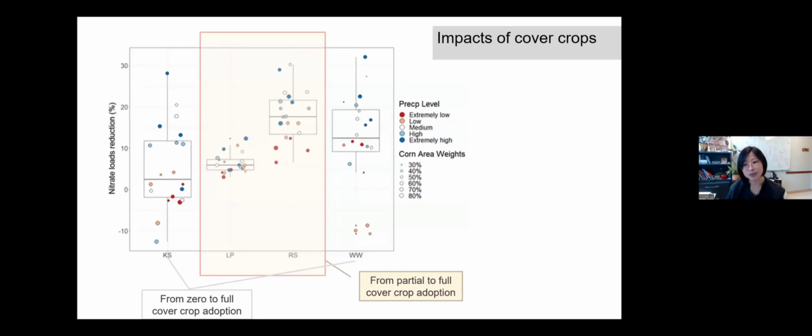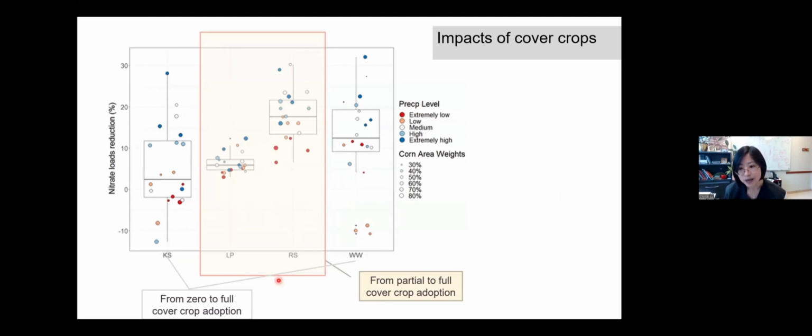This one is the model estimated impacts of cover crop planting. Here you can see each dot shows the annual nitrate loading reduction percentage compared with the baseline, and the dot color demonstrates annual precipitation levels.